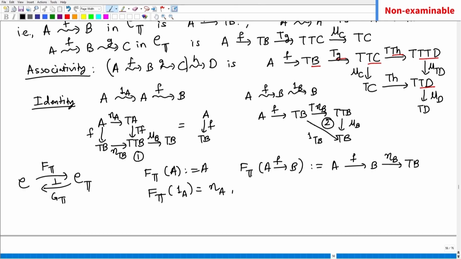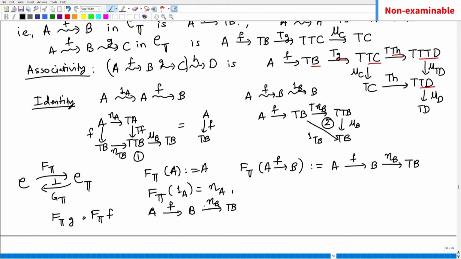So FTG composed with FTF. What will this be? First of all, what should be the first composition? A to B, then to TB. So that is just F, then eta B.